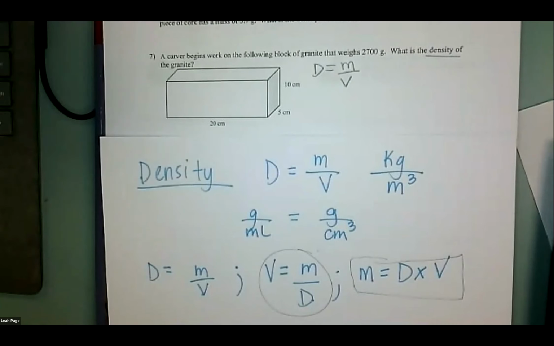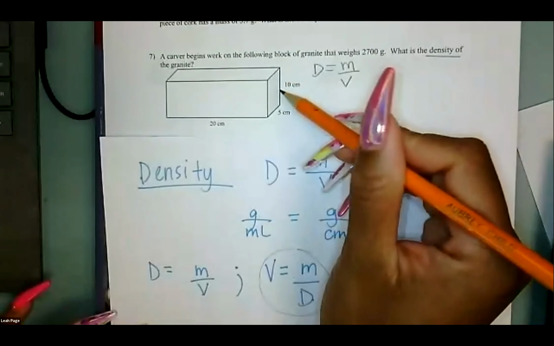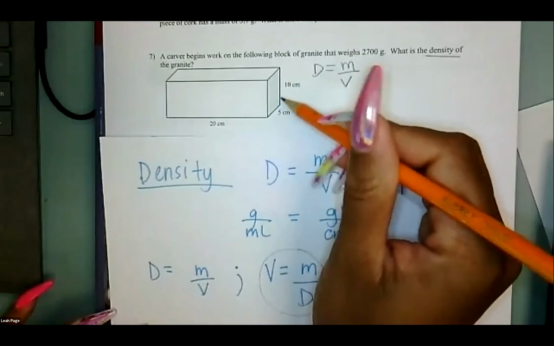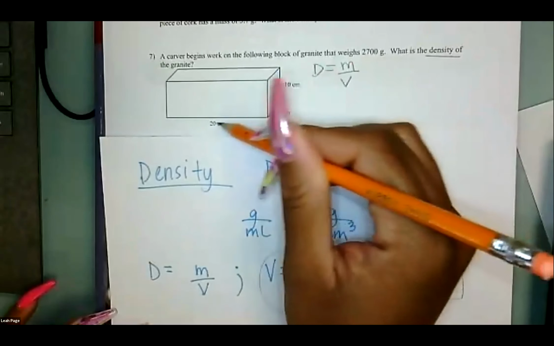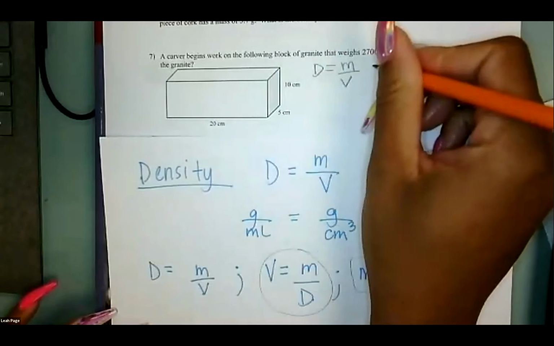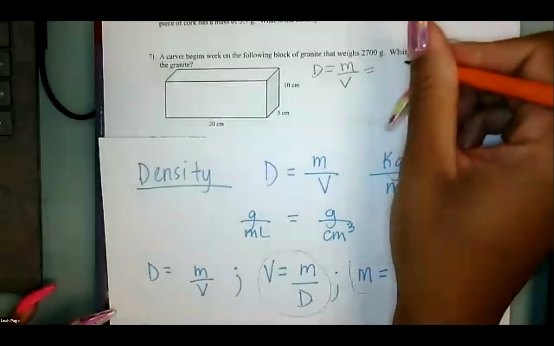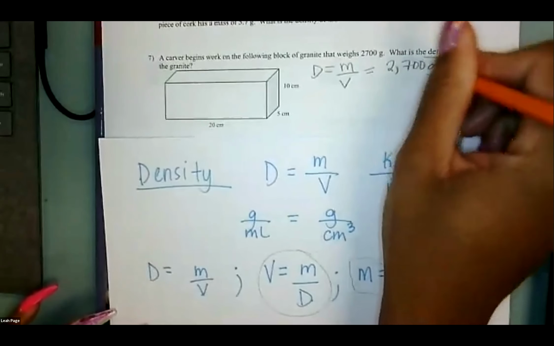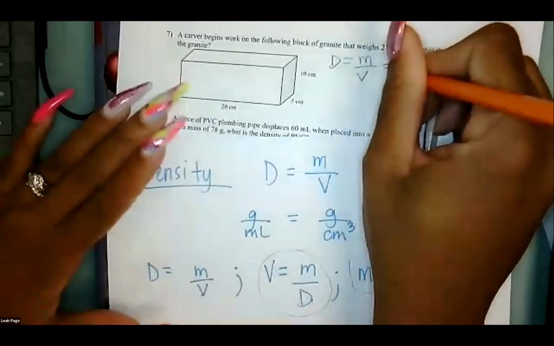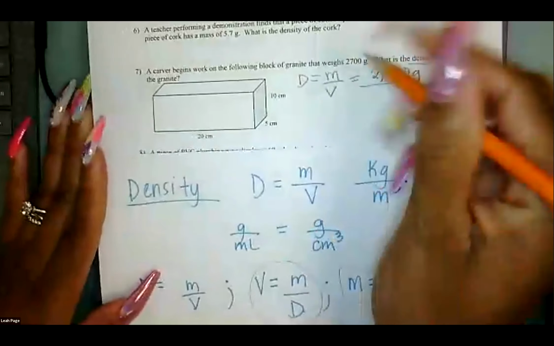You multiply length times width times height. Yeah, you multiply all the measurements. Okay, do we see that? To get our volume, we're going to do length times width times height, whichever one you want to call whatever. So basically, density equals 2,700 grams divided by the volume.